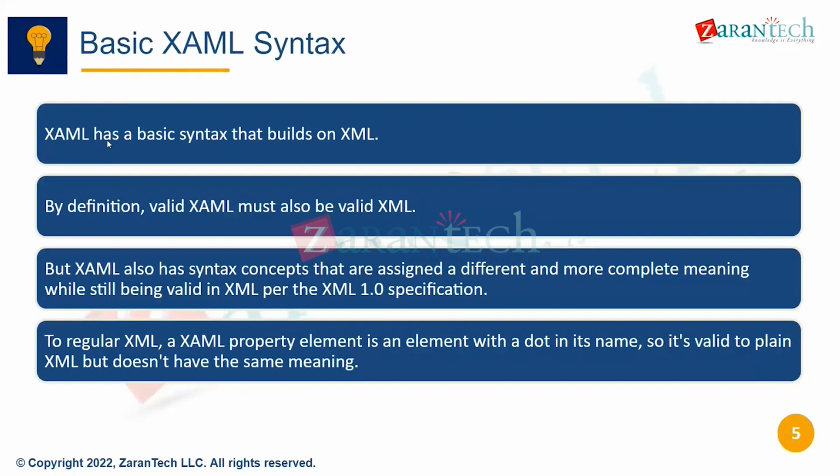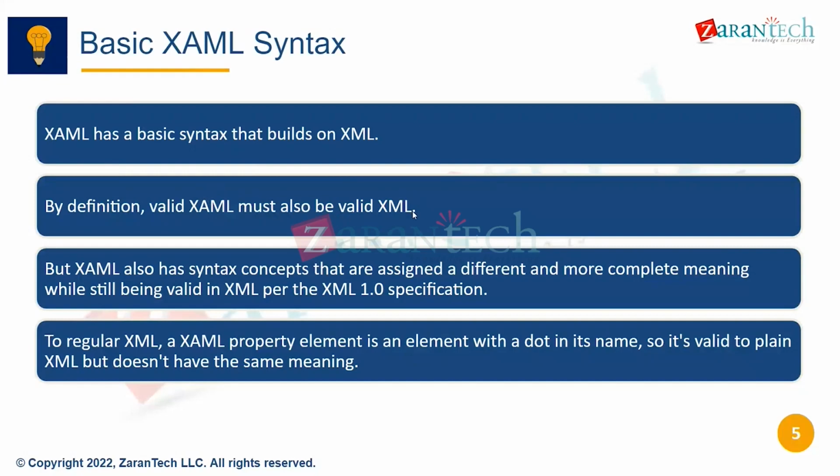So that is the basics of XAML. I think you are from a web background, so you are well aware of XML. XML has nodes and a tree structure, and it is the same thing here. By definition, a valid XAML must also be a valid XML.